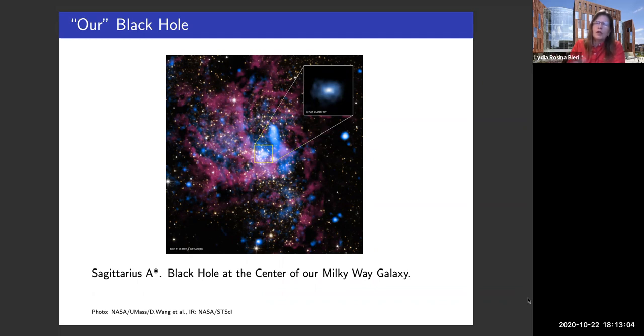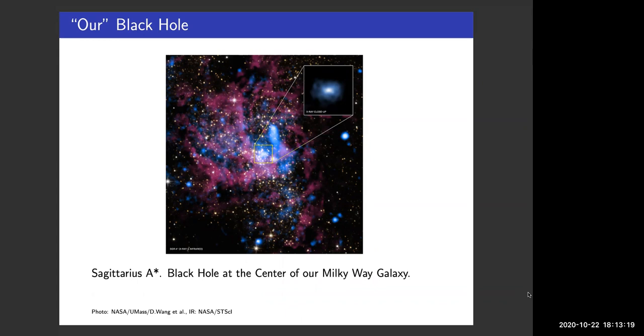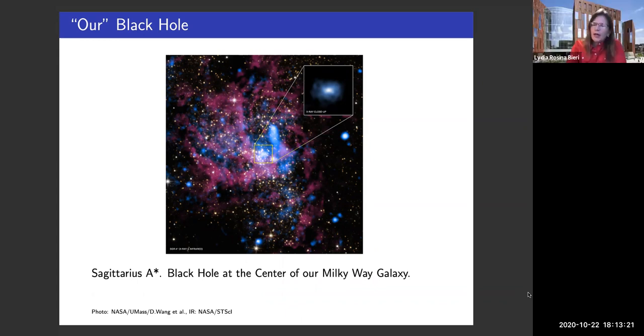So 50% went to that observation and 50% went to theoretical parts connected to black holes. So this is our black hole somewhere in there, and a typical galaxy has a supermassive black hole or black holes at the center. What LIGO has observed so far are really huge black holes merging.